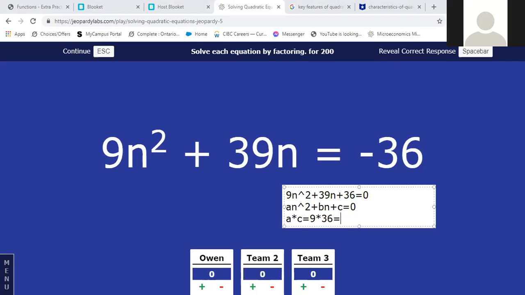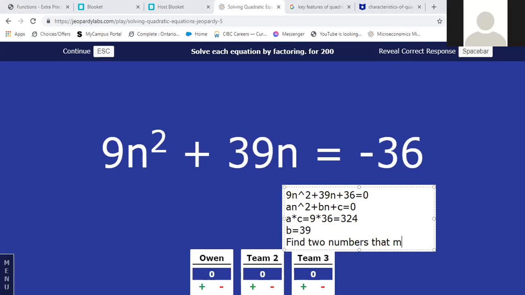So it's 324. And then b is 39. So you have to find two numbers that multiply to 324 and add to 39. So try a whole bunch of test numbers.